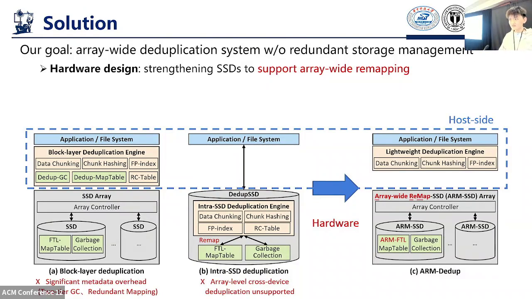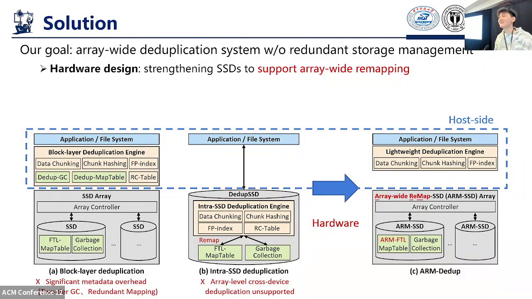Let me ask a more philosophical question. One of the reasons we have multiple flash devices, apart from performance, is reliability, right? Now, if you start deduplicating across these, what is the consequence on reliability? What I'm saying is now data is in only one place.